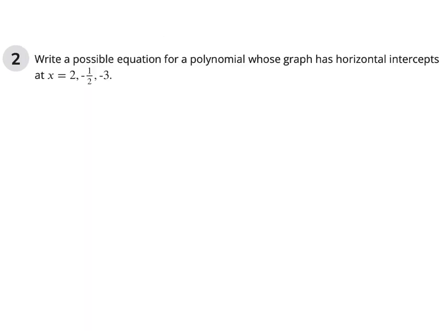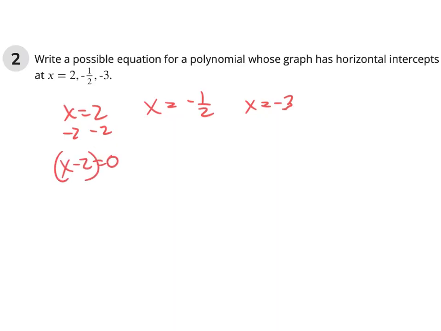Okay, let's write a possible equation for a polynomial whose graph has horizontal intercepts at these terms. So, because x equals 2, x equals negative 1/2, and x equals negative 3, we have to subtract 2 from both sides. x minus 2 equals 0. This becomes a factor. Now, to get rid of our fraction, we multiply by 2. We get 2x equals negative 1.